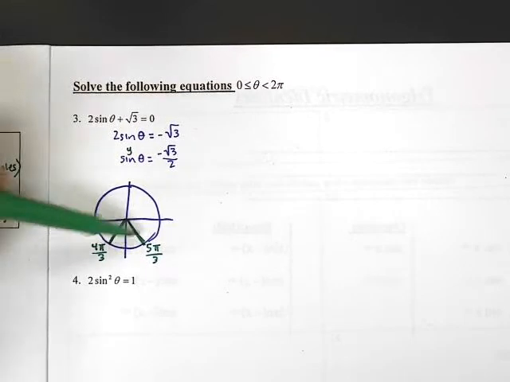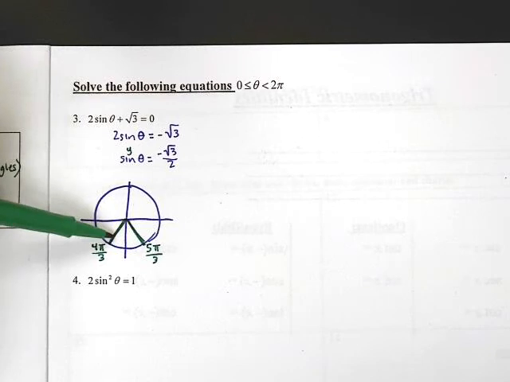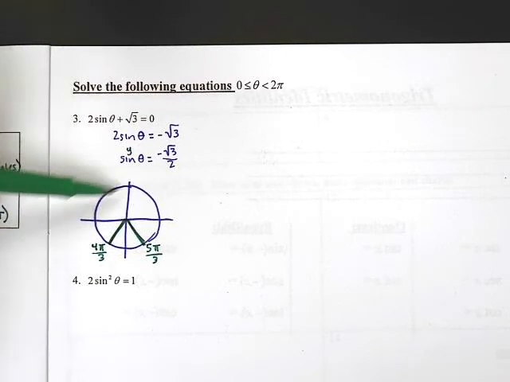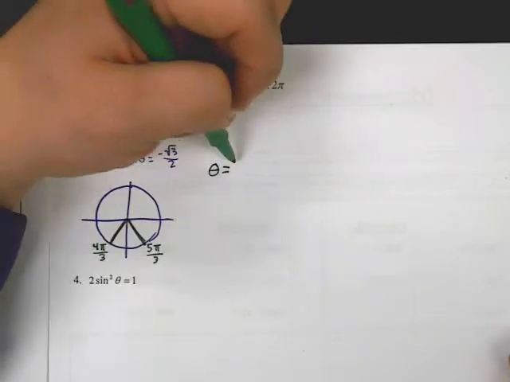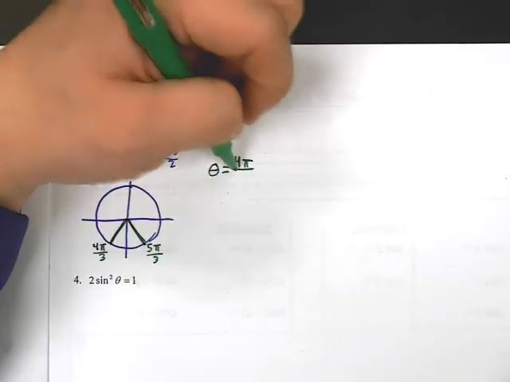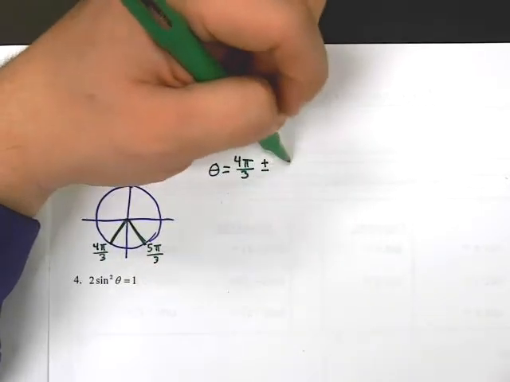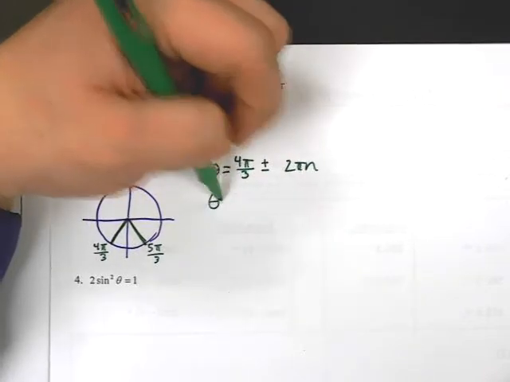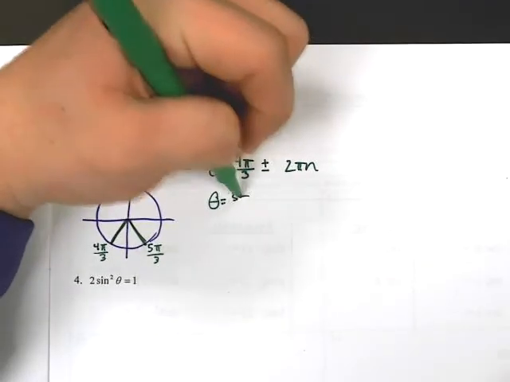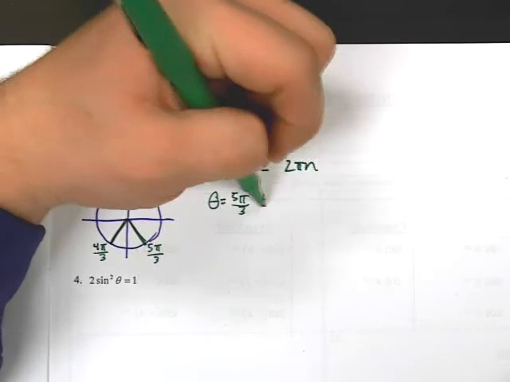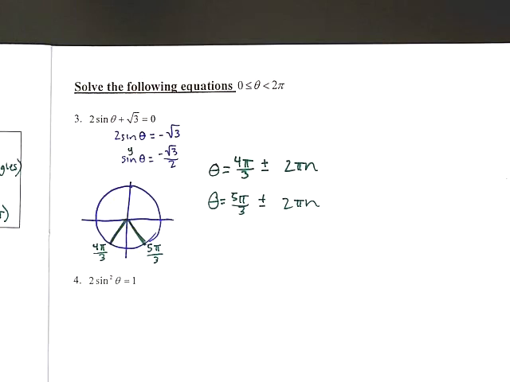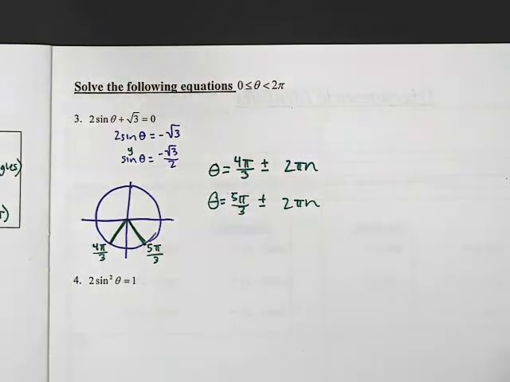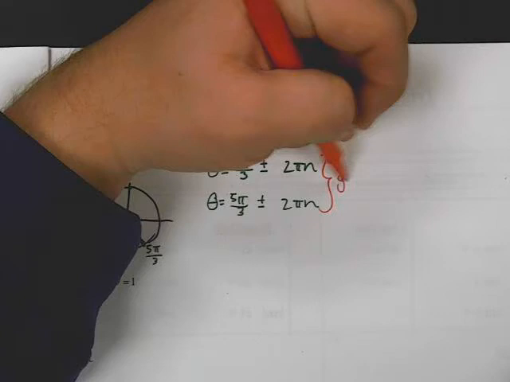So there is not a single rule to get me from my first solution to my second, and then back around to the first. Which means I need 2 equations. 4 pi over 3 plus or minus 2 pi n. And 5 pi over 3 plus or minus 2 pi n. Sorry, that looks a little sloppy. Once again, this is my general solution.